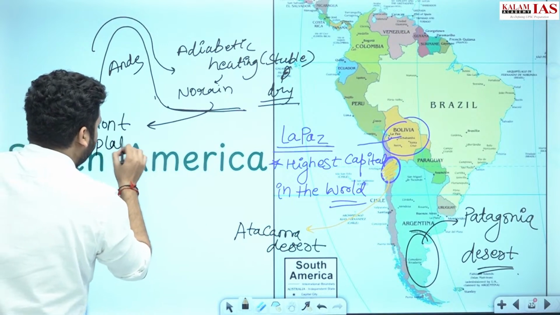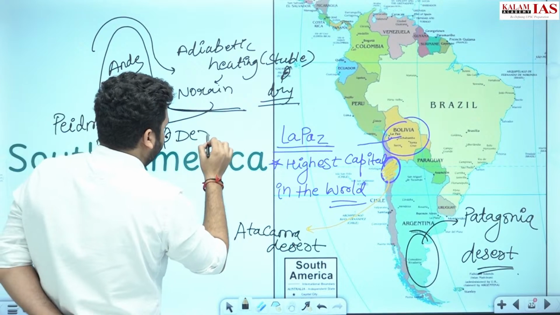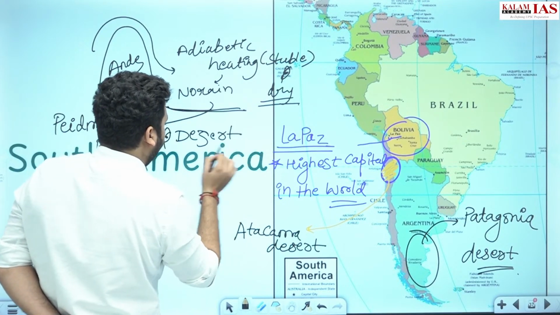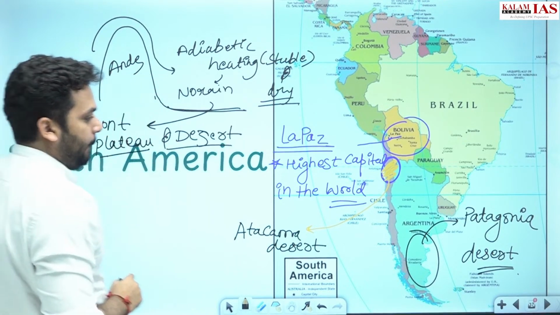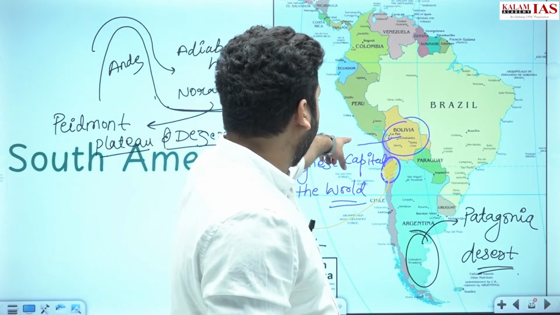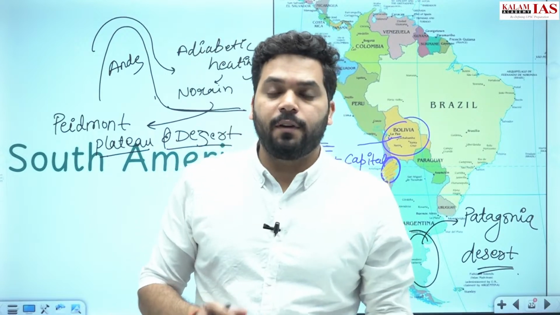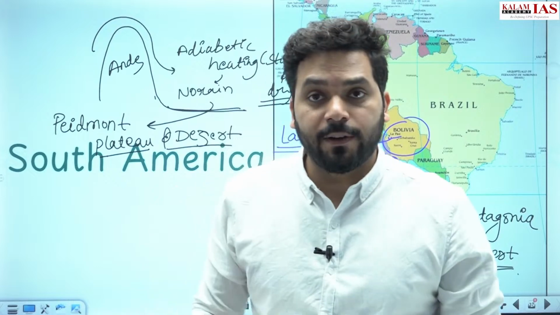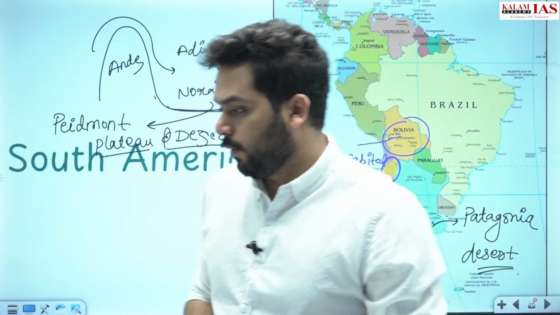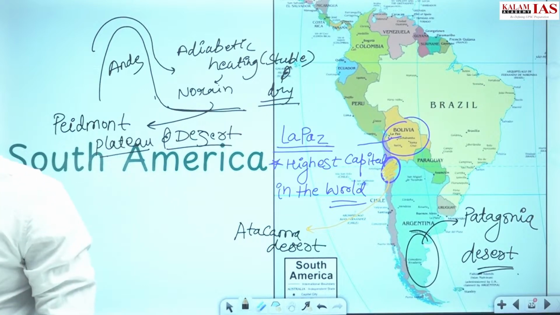It is a plateau and a desert also. The Patagonia Desert is in Argentina, and we have the Atacama Desert in Chile. So with this, we have done 2 continents, Africa and South America. Let's move to the next continent.